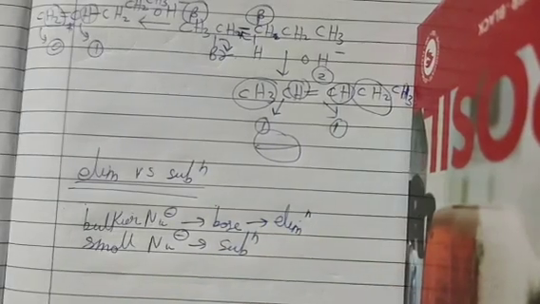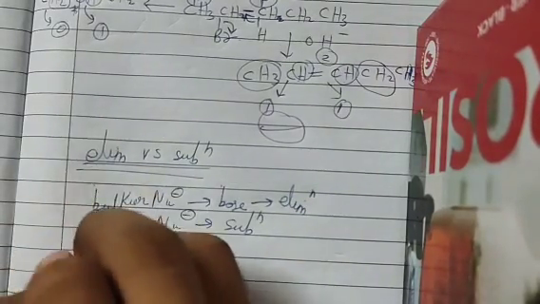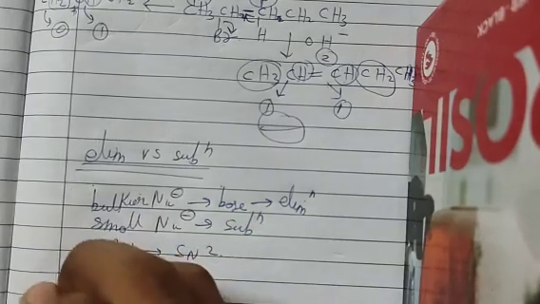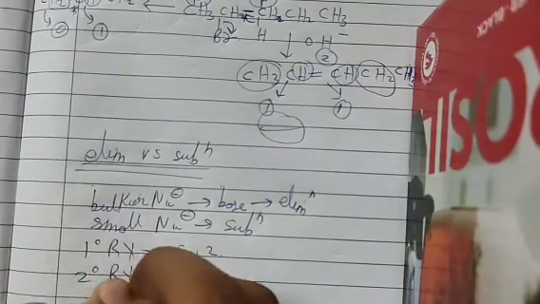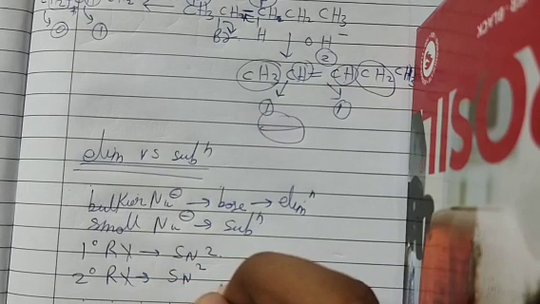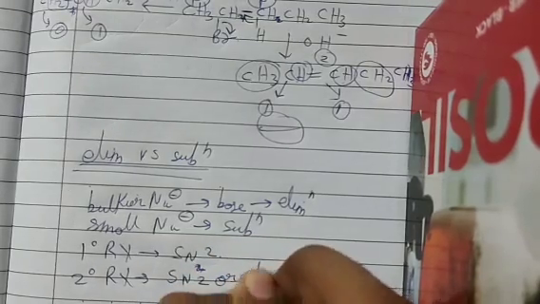Now if I go for primary, secondary and tertiary: my primary alkyl halide would prefer SN2, and a secondary alkyl halide would prefer SN2 or it can also prefer elimination.